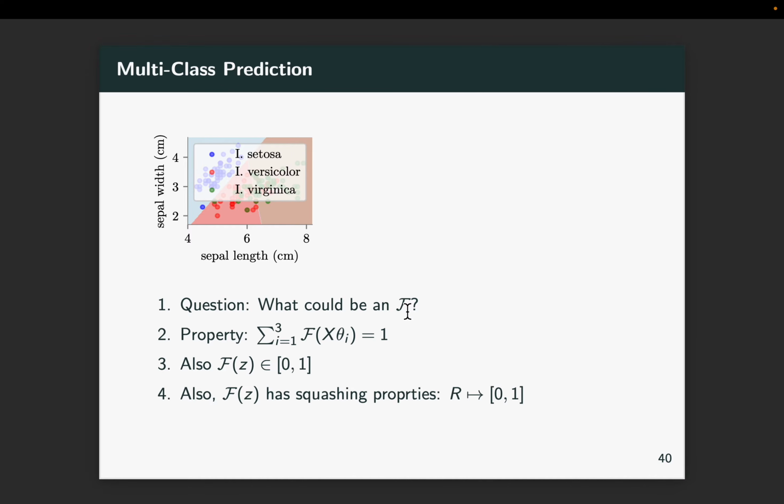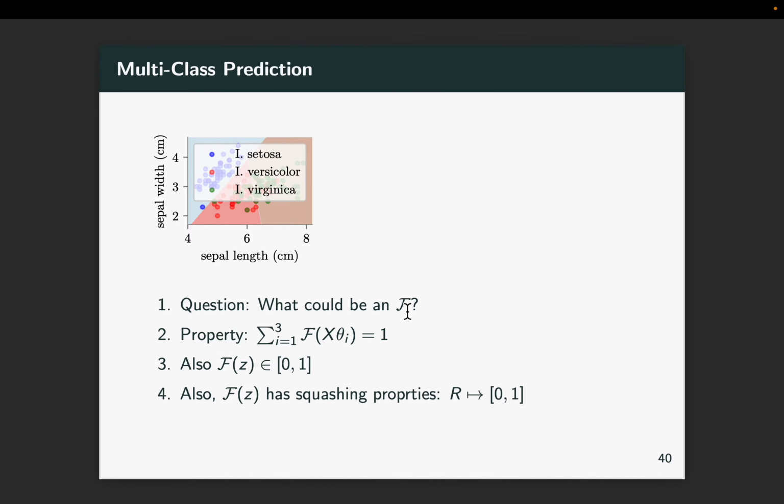So we need a function f which gives us the summation of f of x theta i equal to 1. That is one property. Second, the probability of any class has to be between 0 and 1. It cannot be negative, and it cannot be greater than 1.